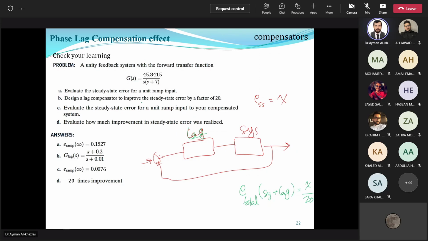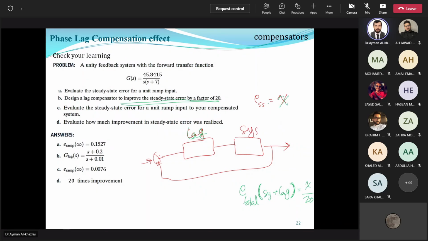Now we said improve by 20. Improving the error is to reduce it. It means this one will be 20 times this one. But which one is the improved? With the lag. So for example, suppose this is like money.